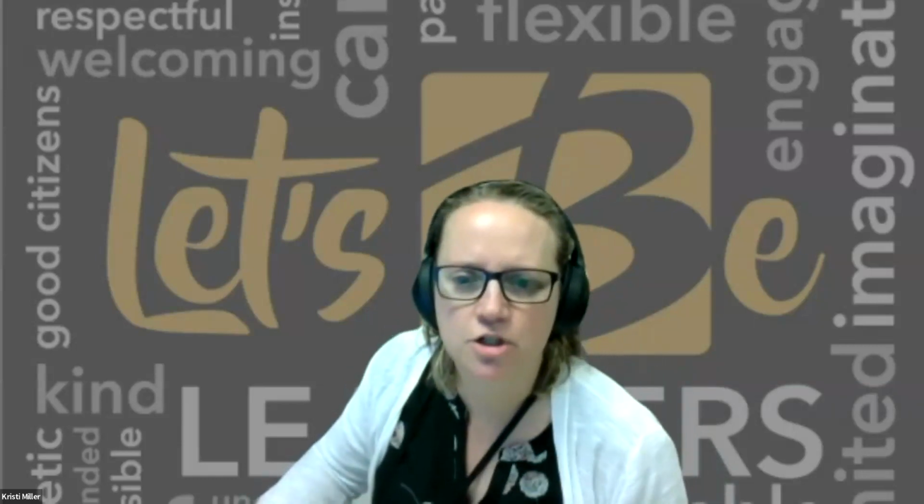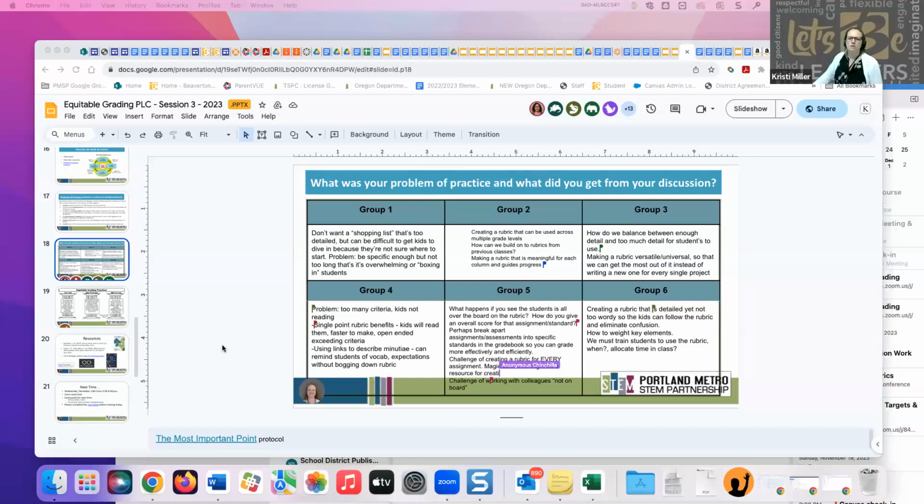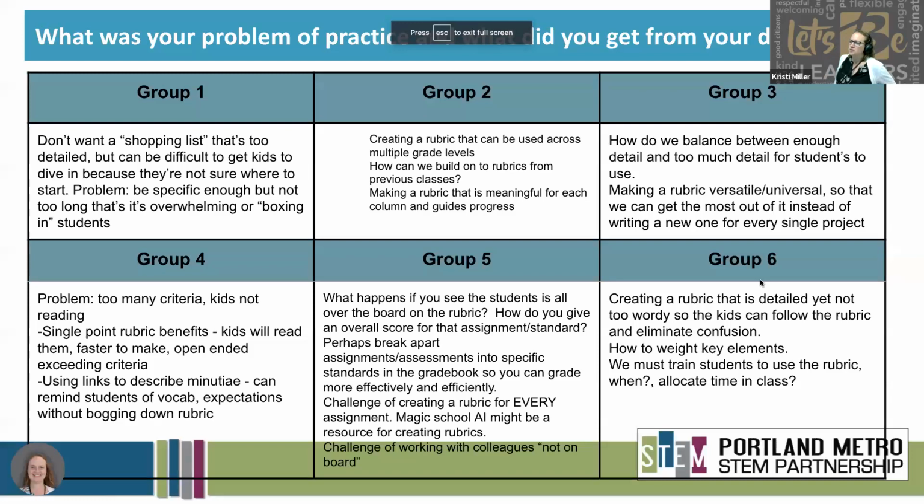All right, so I was just taking a peek at what folks were writing here, and wanted to look at some with you. I really identified with what group 1 had to say, and I've definitely heard this from teachers before.